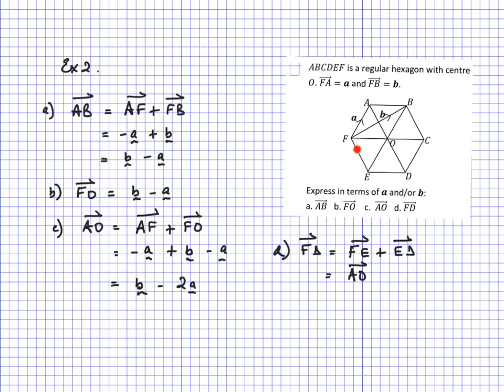So this line here going from F to E is exactly the same as going from A to O. And E to D is exactly the same as A to B. So that's B minus 2A and AB is B minus A. So that gives us 2B minus 3A. So you can now do page 113, exercise 13.6 of the vectors booklet.